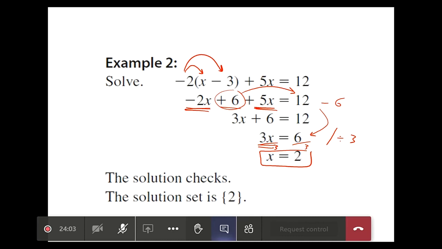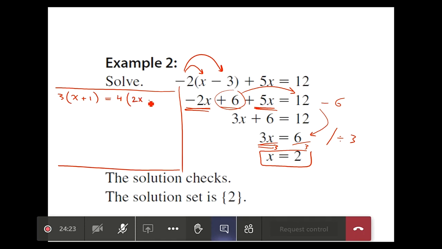Okay, another example, if we have 3 multiplied by x plus 1 equals 4 multiplied by 2x minus 1 plus 2. So we have two brackets and we need to solve the linear equation.